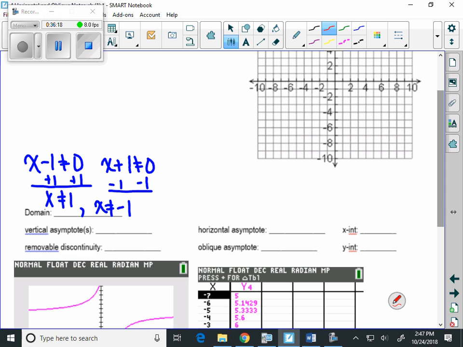That means that at negative 1, we're going to have a removable discontinuity. And our vertical asymptote is only going to be at x equals 1.